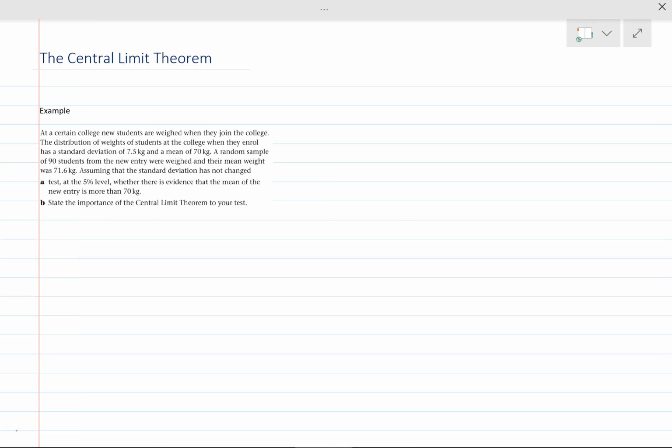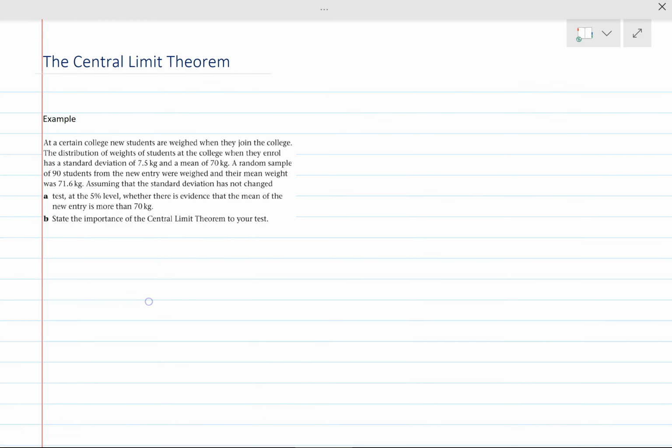Okay, I just want to do an example here which basically demonstrates the usefulness of the central limit theorem. The thing here is that we've got some data relating to a sample of 90 students, and the distribution of weights where they enroll is presumed to have a standard deviation of 7.5 and a mean of 70.